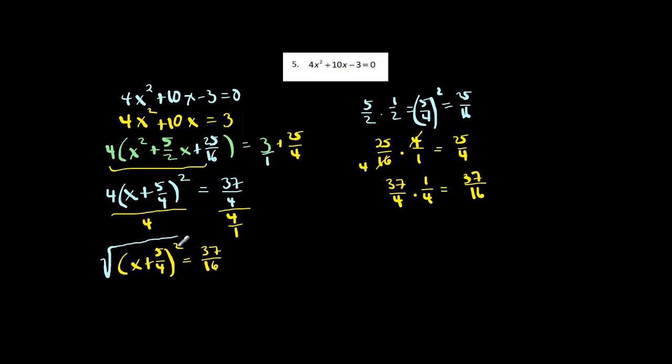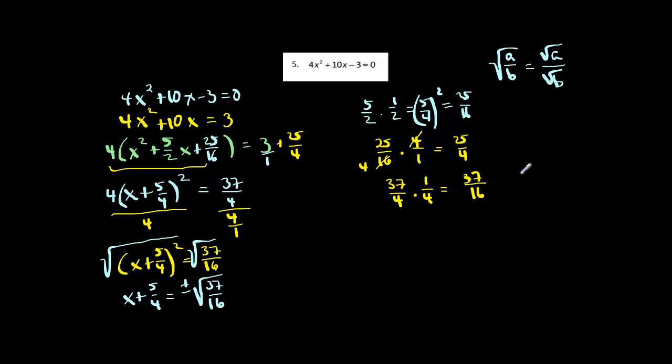Alright, now we're going to take the square root of both sides. So we have x plus 5/4 equals positive or negative square root of 37/16. Now, what we can do with the square root of a fraction is recall that the square root of a fraction is the same as the square root of the numerator divided by the square root of the denominator.